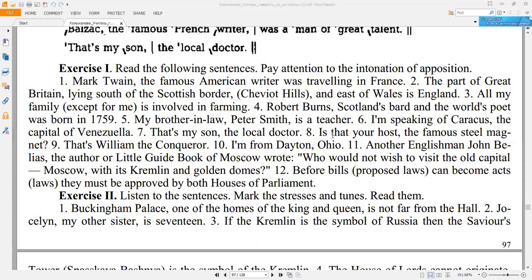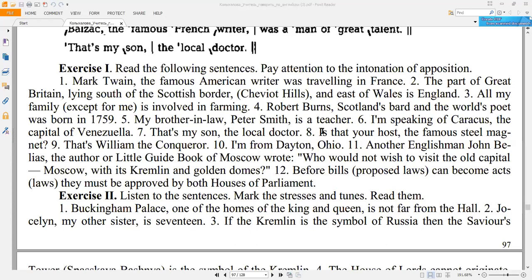Rahima. Is that your host, the famous steel magnate? Pay attention. This is an interrogative sentence. And what kind of question is it?